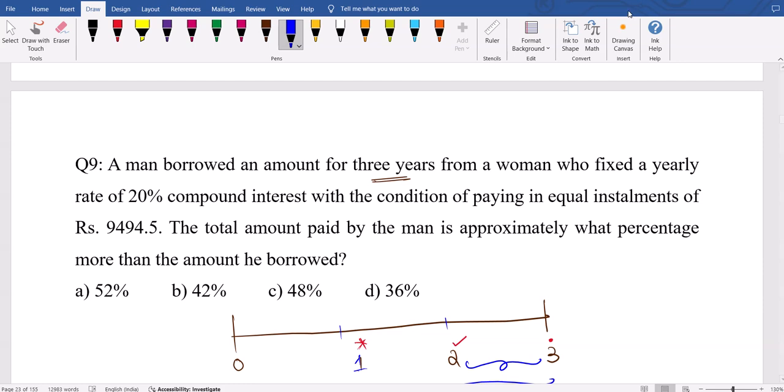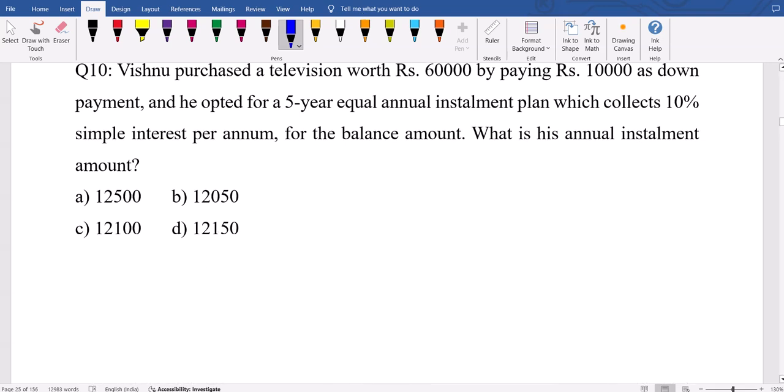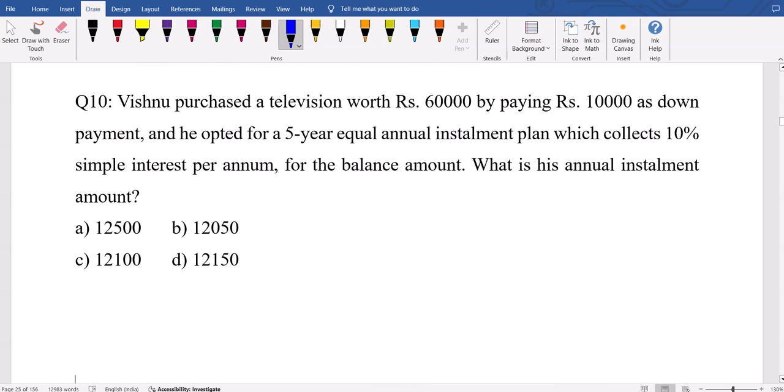We'll check this one. Okay, installment question. See this question. Vishnu purchased a television worth rupees 60,000 by paying rupees 10,000 as a down payment, and he opted for a 5 year equal installment plan, which collects 10% simple interest per annum for the balance amount. What is his annual installment amount?